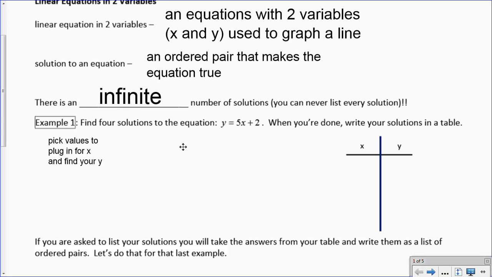I picked 4 numbers, so let's go ahead and just work with my 4 numbers. On your try on your own, you can pick whatever numbers you want. My rule of thumb is to try to pick numbers that are smaller and easier to work with. No need to stress yourself out with picking 427.